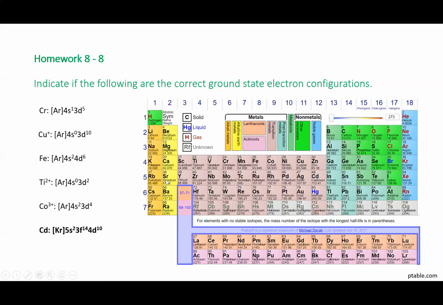So we have 5s2, and we have 4d10 in order to reach cadmium. However, the configuration here says we actually have 3f14 electrons, but no, that's not the case, because we only start counting up f electrons when we start in period 6. So this is also the incorrect electron configuration.